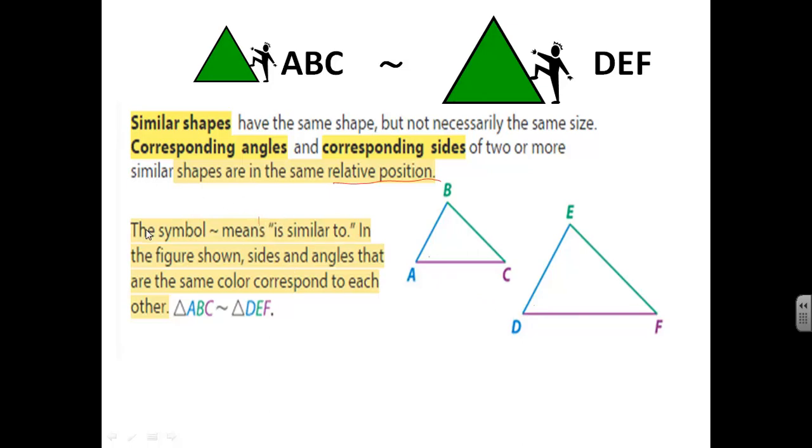This symbol, draw this symbol, it's kind of like a little sideways S, means is similar to. In the figure shown, sides and angles that are the same color correspond to each other. This is red. Triangle ABC is similar to triangle DEF.